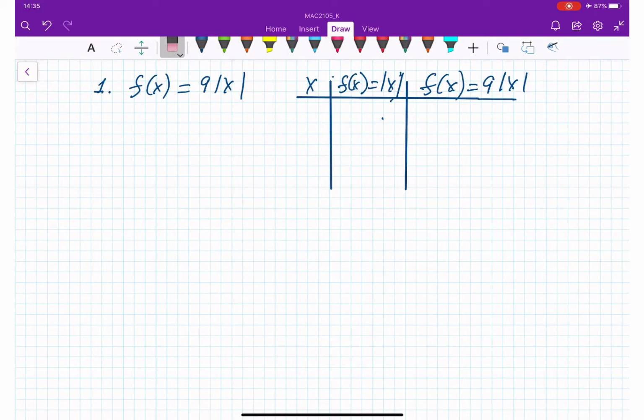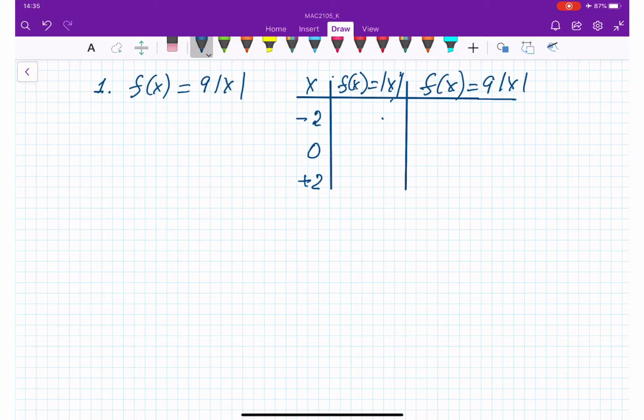Therefore, let me see. I'm going to take, let's say, a negative value. Next, I'm taking 0, and then I will take positive 2, let's say. Okay?